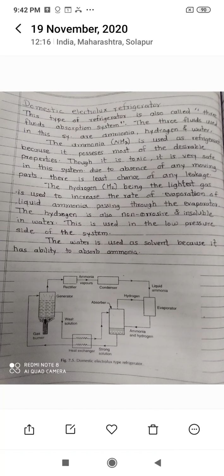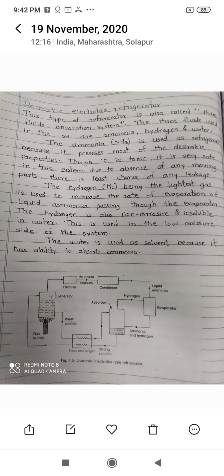The water is separated out and passed back to the absorber. The ammonia vapor rises from the separator to the condenser, where it is condensed and then returned to the evaporator. The main purpose of this system is to eliminate the pump, so that in the absence of any moving part, the machine becomes noiseless. So this is the simple working.